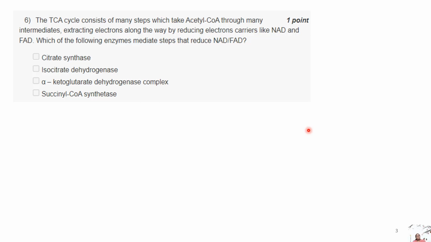Which of the following enzymes mediate steps that reduce NAD FAD? Okay, so these are the four options that we have today: citrate synthase, isocitrate dehydrogenase, alpha ketoglutarate dehydrogenase complex, and succinyl CoA synthetase.